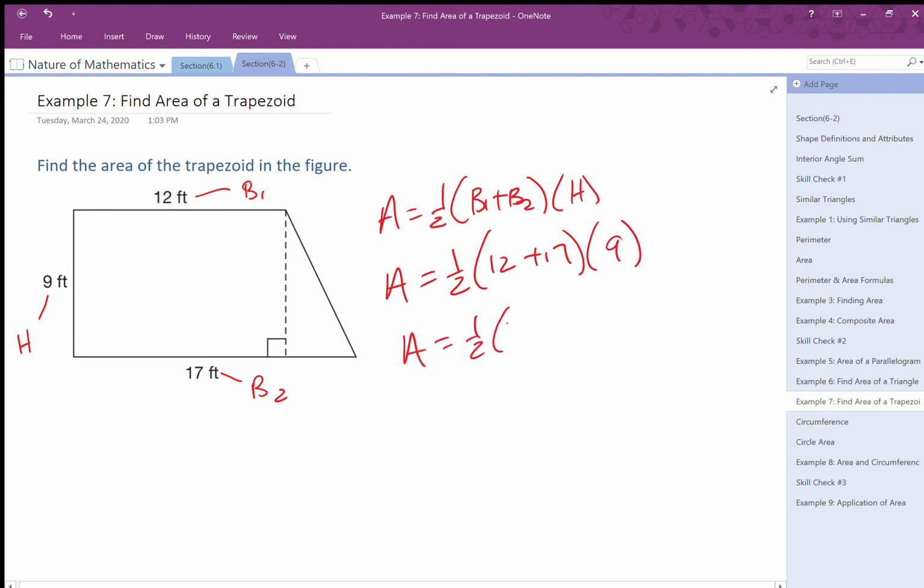Area is 1/2 times 29 times 9. 0.5 times 29 times 9. And we have area is equal to 130.5 feet squared.